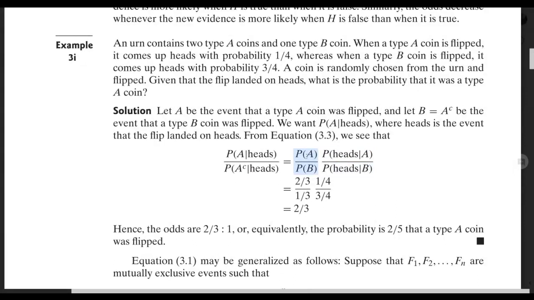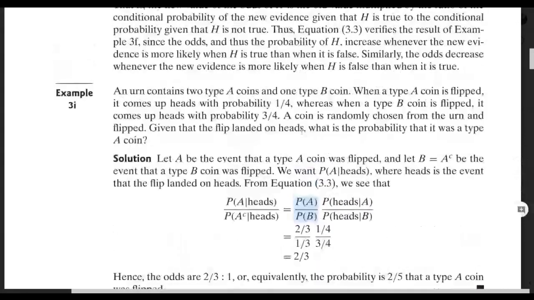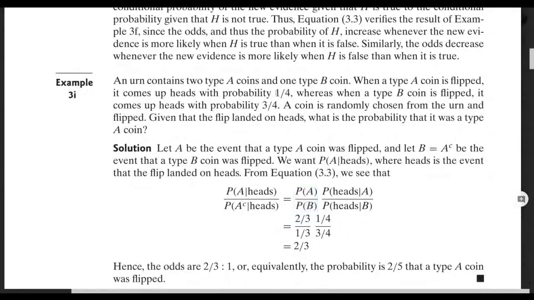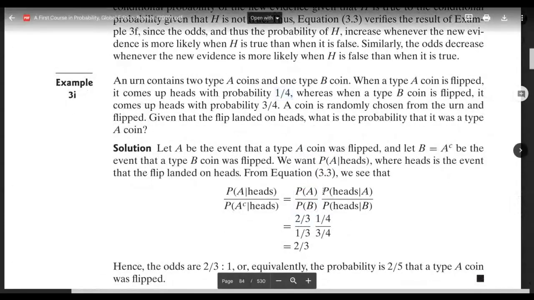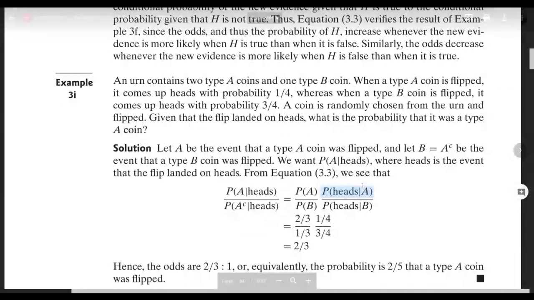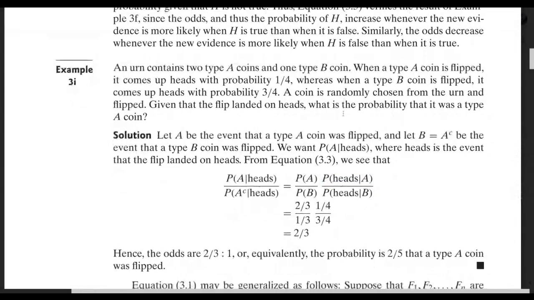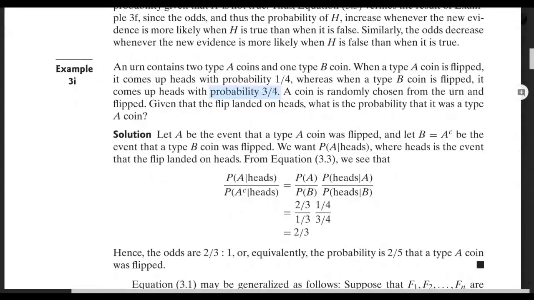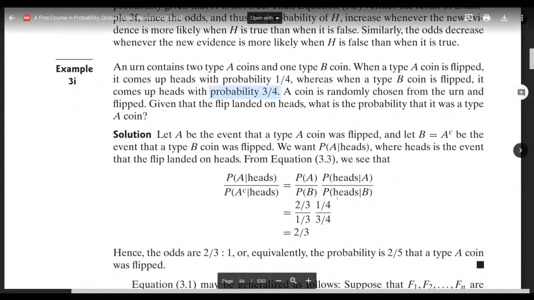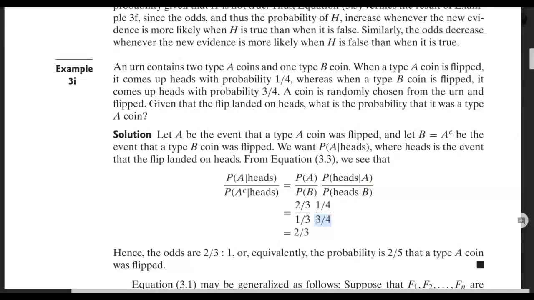And these ones were given, right? Probability of heads given A, it comes up heads with probability 1/4. That's this one. And for a B coin, heads comes up with 3/4. That's 3/4. What is the probability of A?